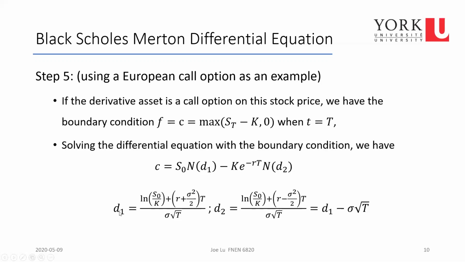We have this N(d1), and d1 has a form like this, and d2 has a form like that. So if we know stock price, strike, interest rate, volatility, and the time to maturity, basically 1, 2, 3, 4, 5, then we're able to obtain the price of the call.